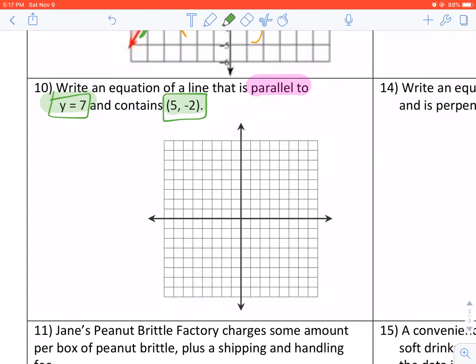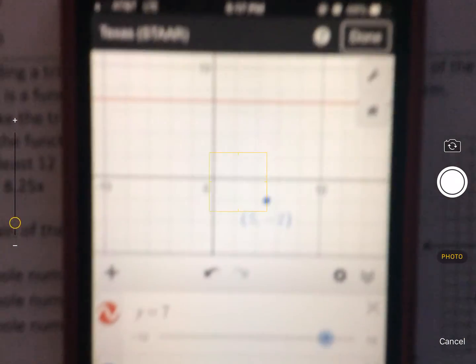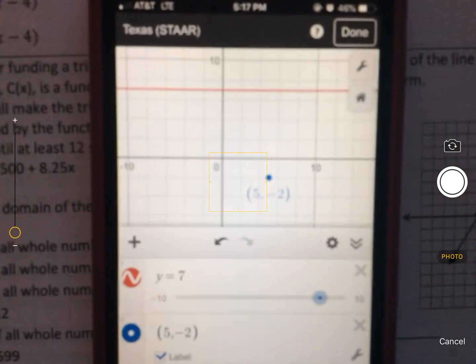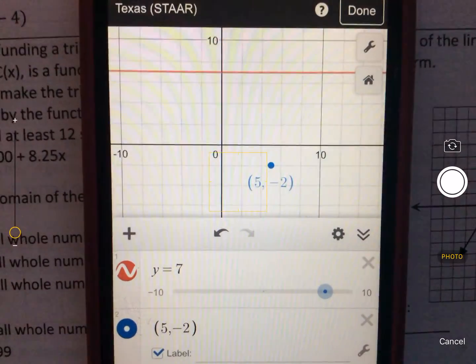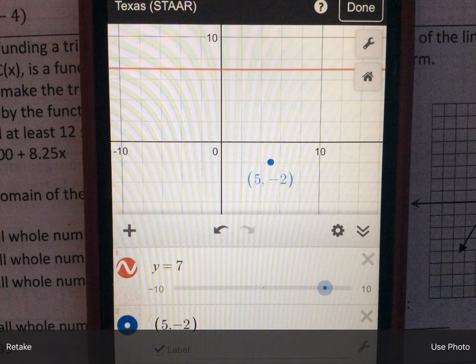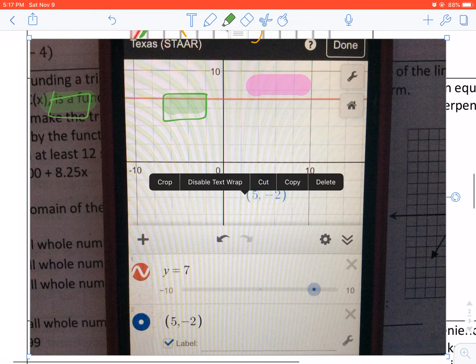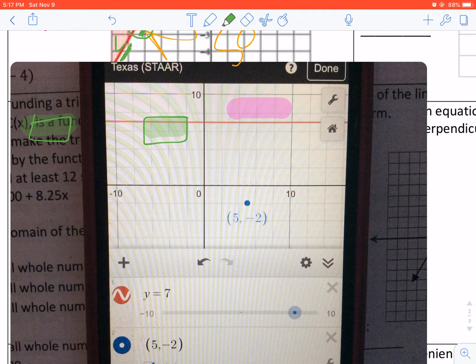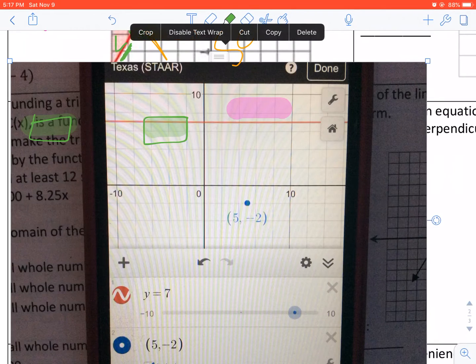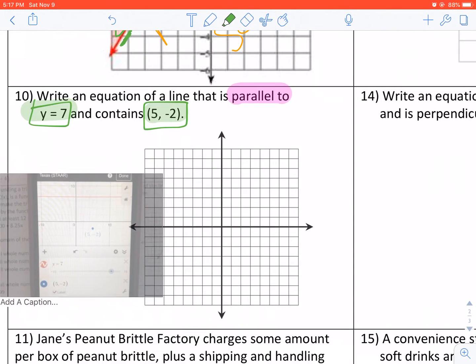I'm going to put mine underneath the camera so that you can see what we have. So this is what we have.